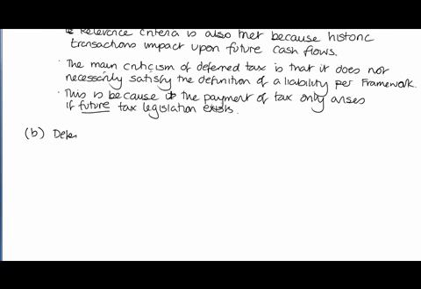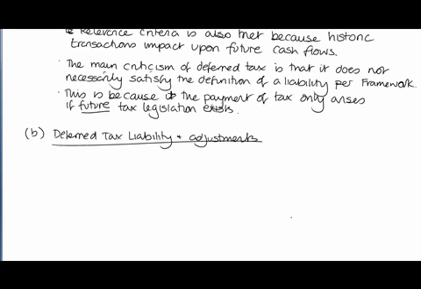Part B is the deferred tax liability and the adjustments. It says assume any adjustments do not affect current tax.